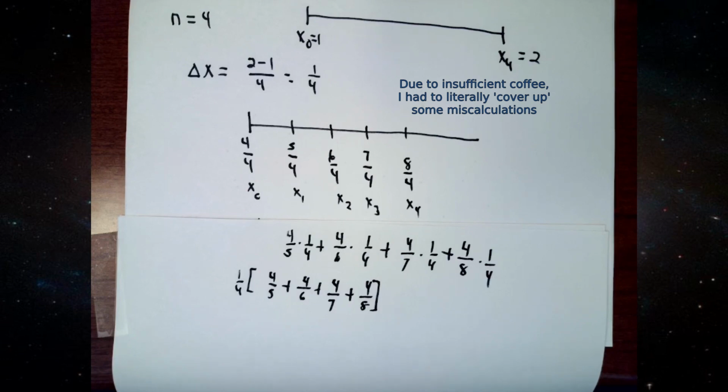I can pull that out as well and cancel it with the 1/4. The n equal 4 approximation is 0.6345238095. It's very important that I keep all of those digits, as we'll see later.